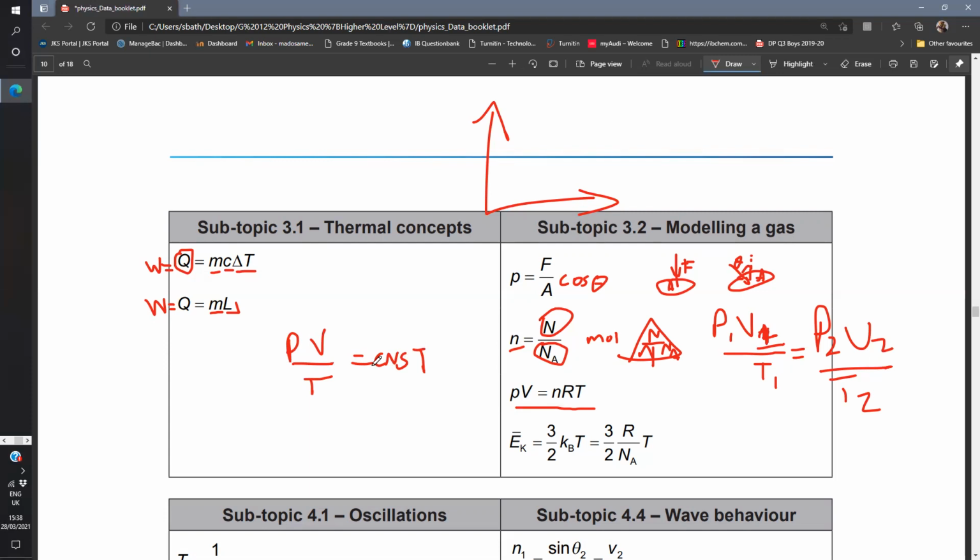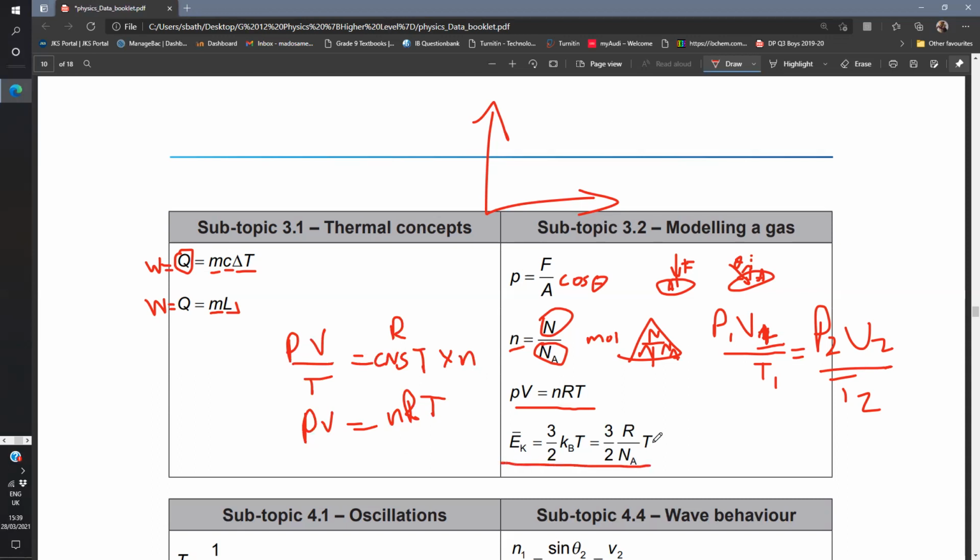This constant depends on the number of moles, so you multiply that by the number of moles, and this constant is R. We call this constant R. So PV is equal to nR, and we bring the T to the other side. That's basically how you derive this equation.